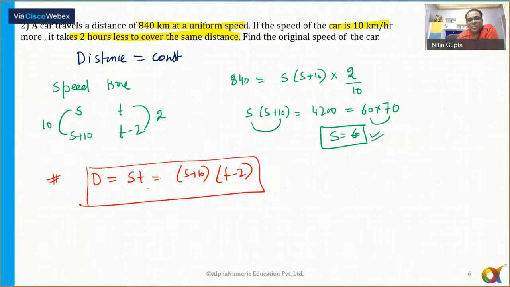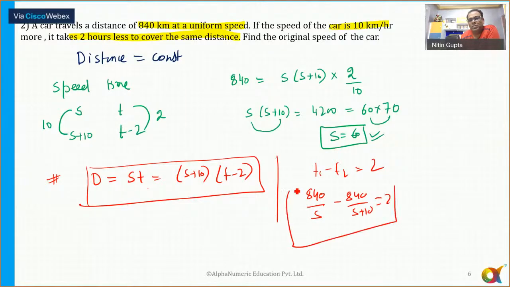Even so, it will be difficult: you'll get one equation having two variables, then you need to substitute and solve, which might be time consuming. Or I can say the time gap T1 minus T2 is equal to 2 hours. So distance upon speed, 840 upon s minus 840 upon s plus 10, is equal to 2. But this is the same thing, no? We have derived the formula.